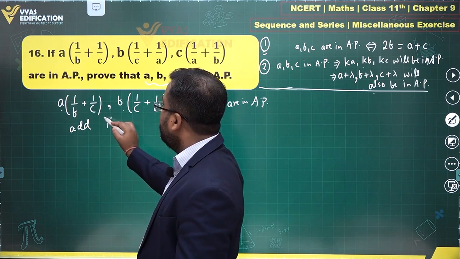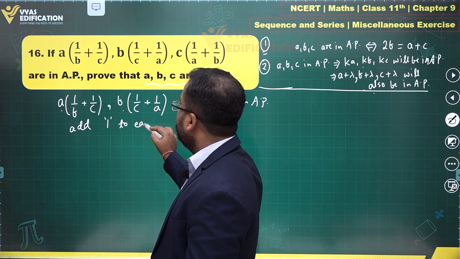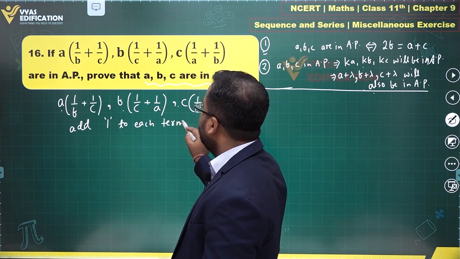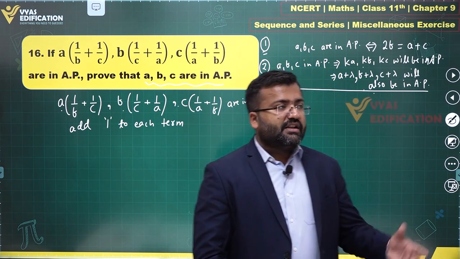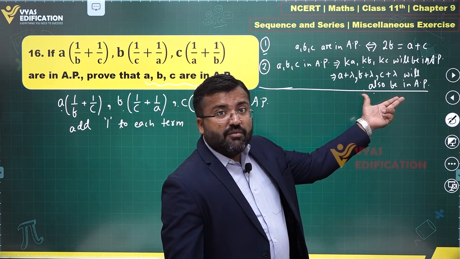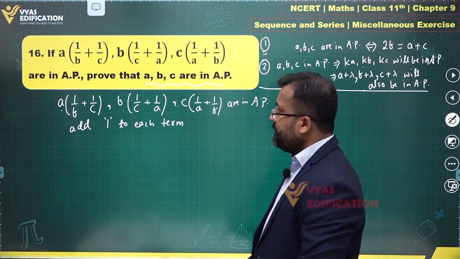Add 1 to each term. The resulting sequence will still be an AP. Yes.